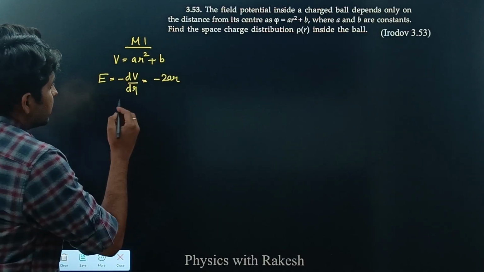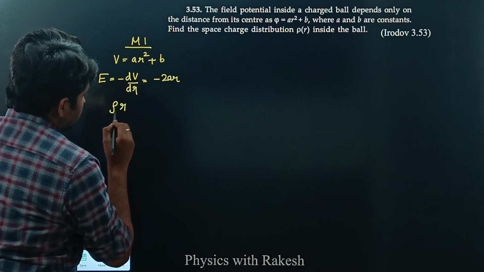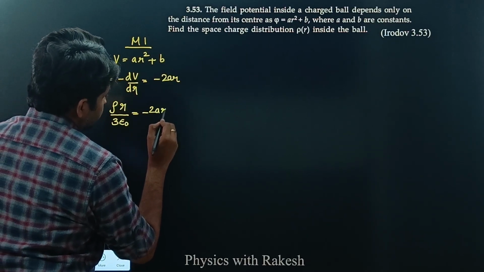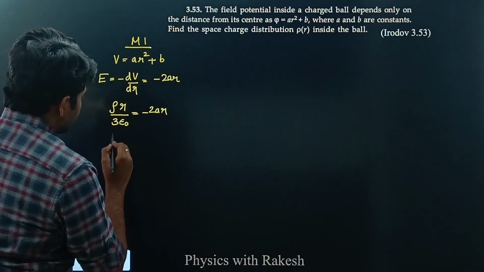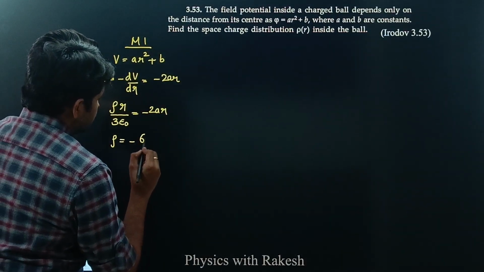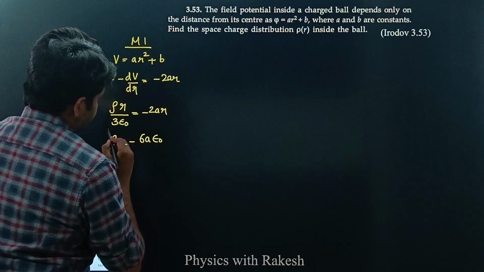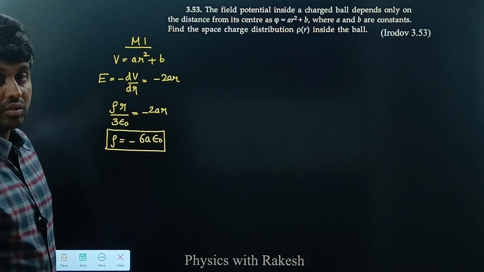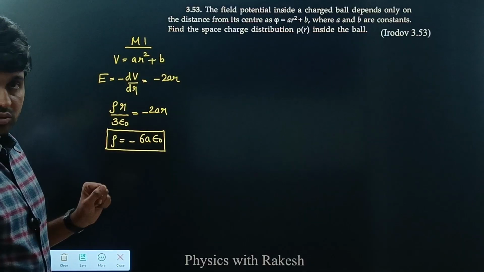Okay, so directly they write rho R by 3 epsilon naught equal to minus 2AR. Okay, and from this I get rho equal to minus 6A epsilon. So this is one method, intuitively how students do this question.